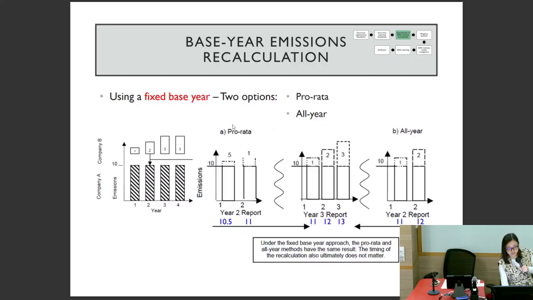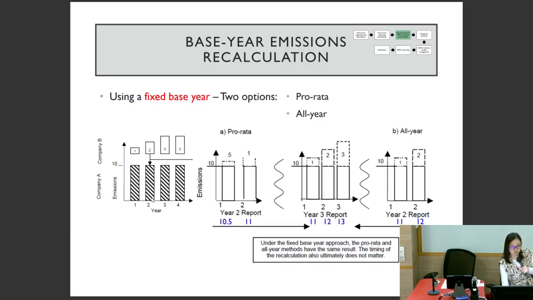So let's see if we are using pro rata. In the year 2 report, how should we report the emissions? For the year 2 report, there is no year 3 or year 4, because it is only year 2, and year 1 is the base year. In the middle of year 2, company A buys company B, so by pro rata, company A should be responsible for half of the emissions.